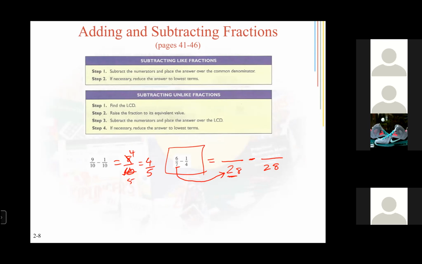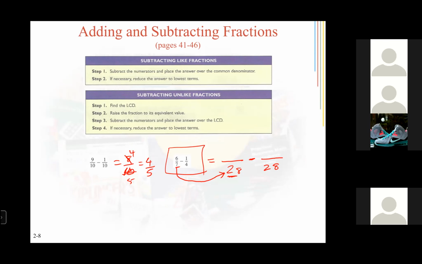No, not 3. 7 times 3 is 21. Yeah, go one step more. 7 times what gives you 28? Sorry.